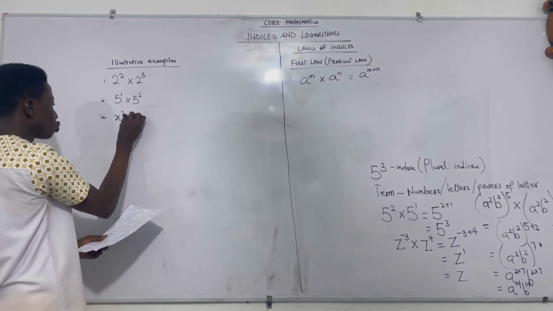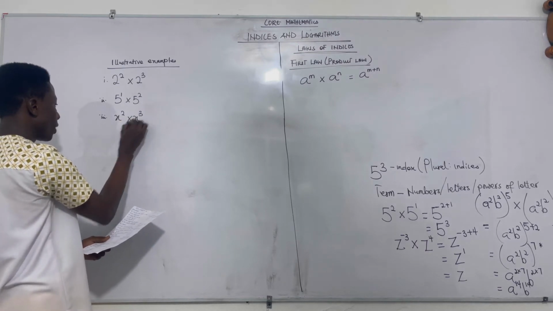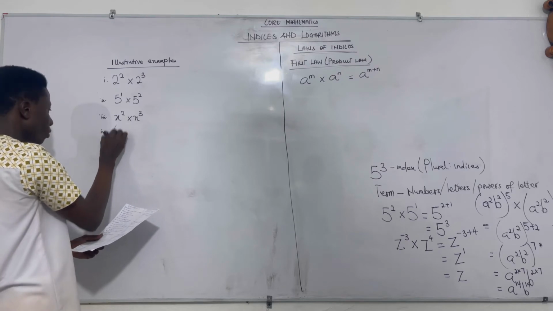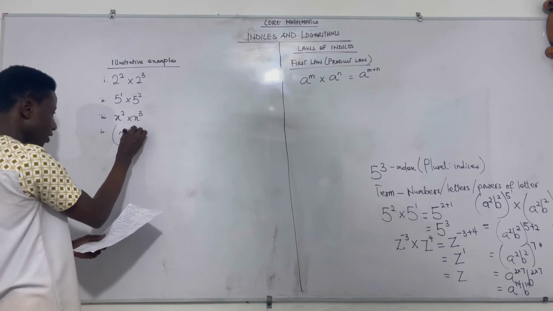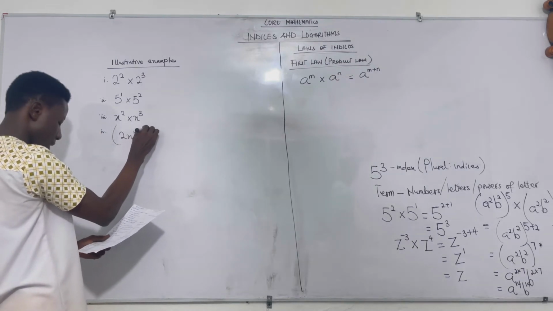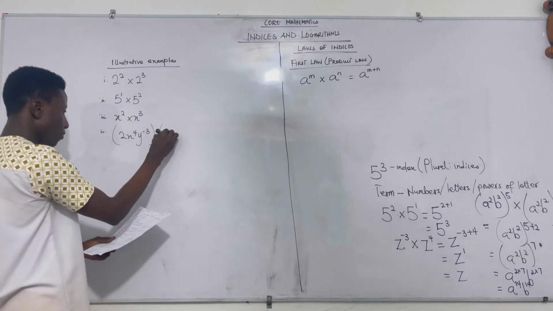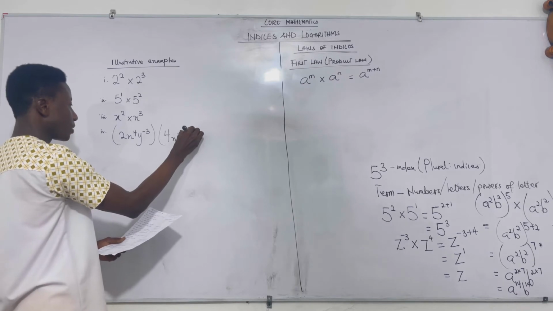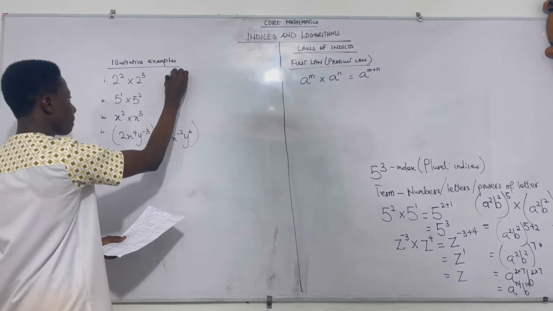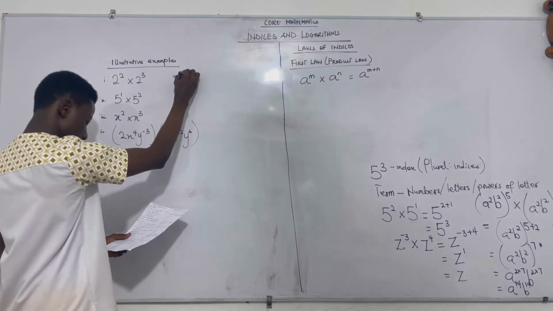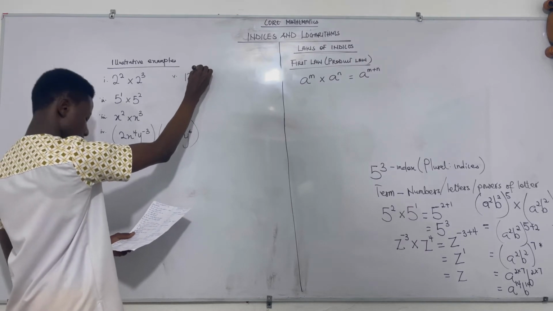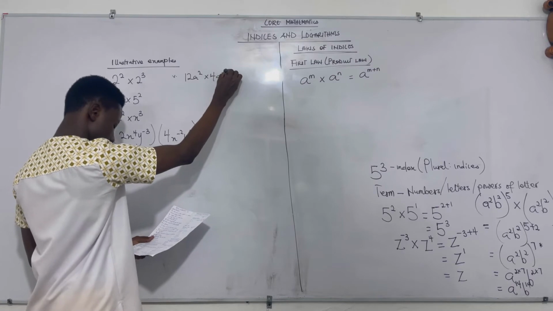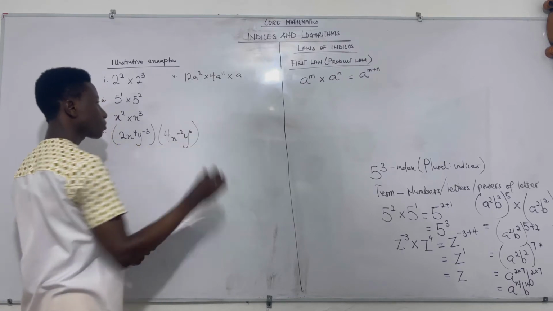III, x exponent 2 times x exponent 3. IV, 2x exponent 4, y exponent minus 3, multiplying 4, x exponent minus 2, y exponent 6. V, 12a squared times 4a exponent 11 times a.